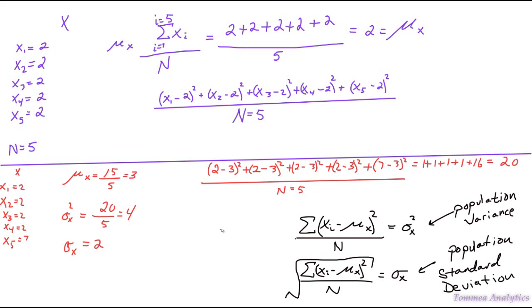In other words, you might see a symbol like this, or a symbol like this, or like that, but it's not clear what variable you're referencing. In this case it was x, so we have the subscript x, but you could have a variable such as x bar, in which case you'd have x bar as a subscript.